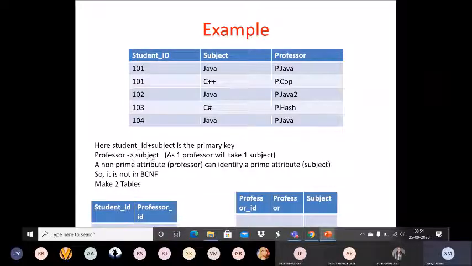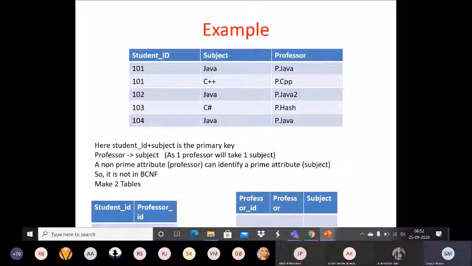So professor is determining subject. So a non-prime attribute, that is professor, can identify a prime attribute or part of a prime attribute, that is subject. So it is not in BCNF.